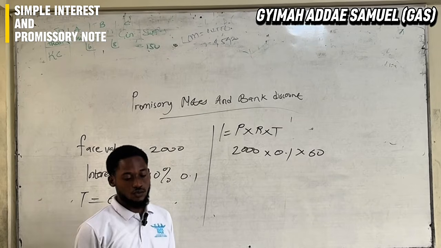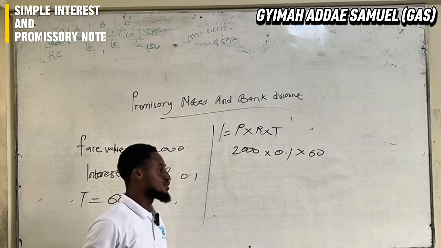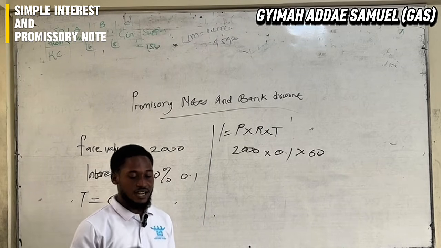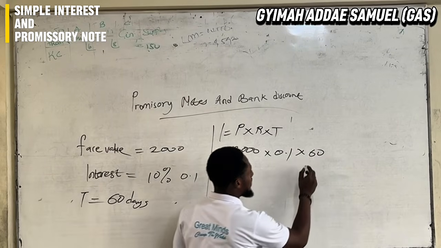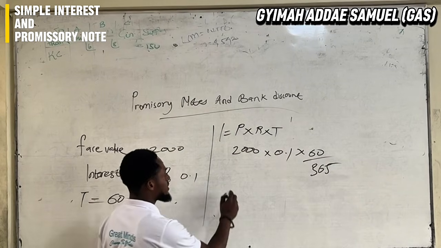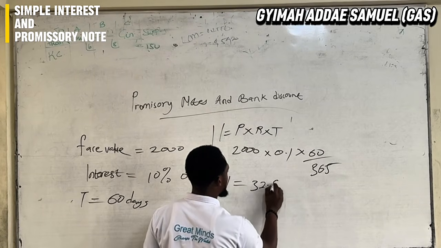Why? Because the question says interest is 10% exact, and for exact simple interest we use 365 days. When you compute, you get the interest amount to be 32.88.